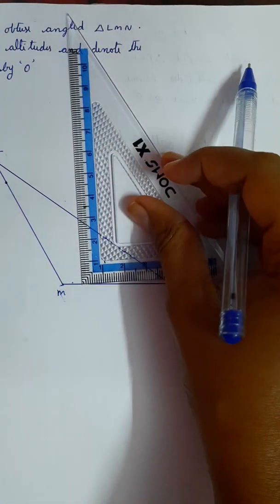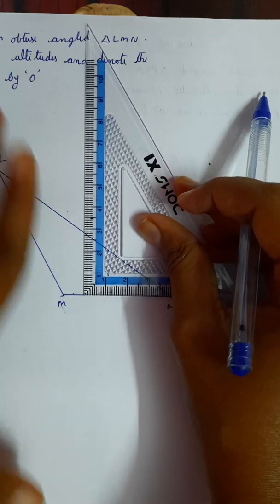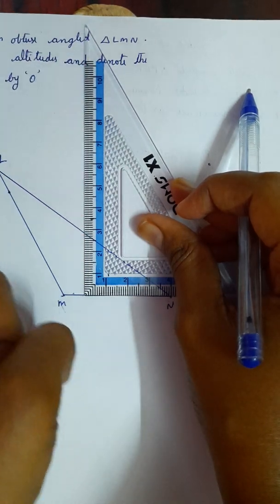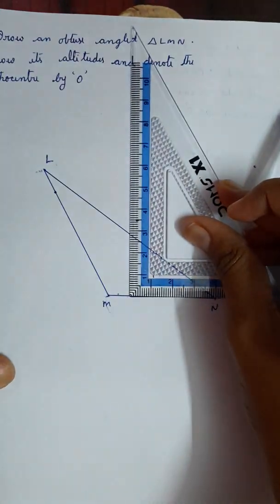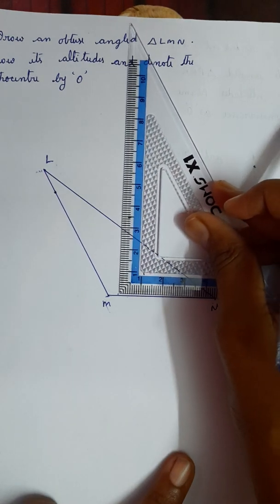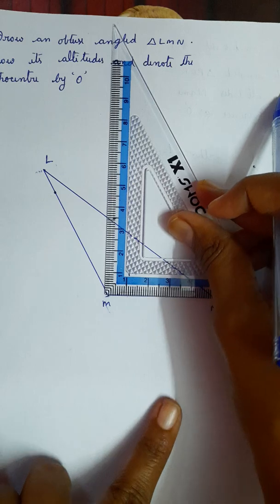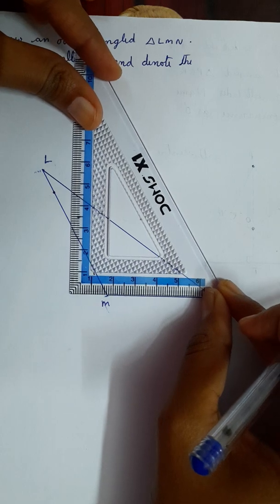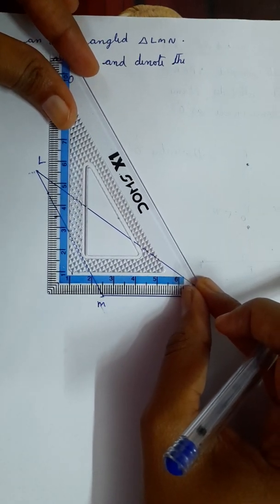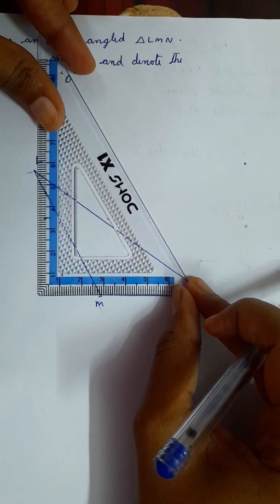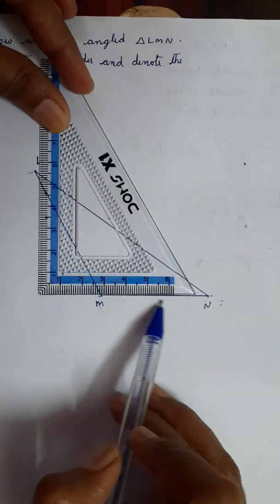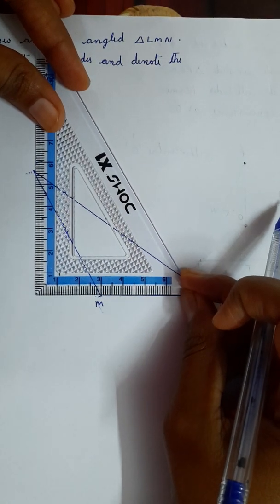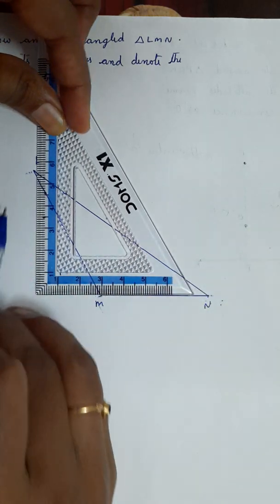So after keeping the set square, we should adjust the set square such that this perpendicular side should touch the opposite vertex. So here the opposite vertex is L. So if we drag like this, till here we can drag, and again just continue this, and it should touch, and don't disturb here, and the perpendicular distance should touch L. See, it meets at L, correct?